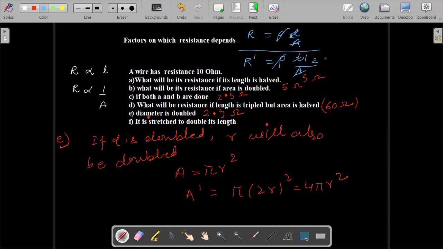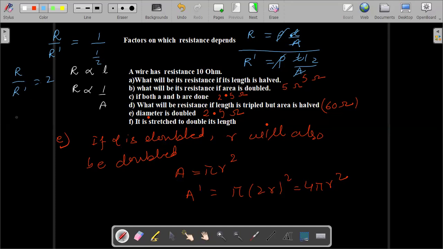So I get R divided by R dash equal to 1 divided by 1 over 2. The 2 goes to the numerator, so R over R dash equals 2.